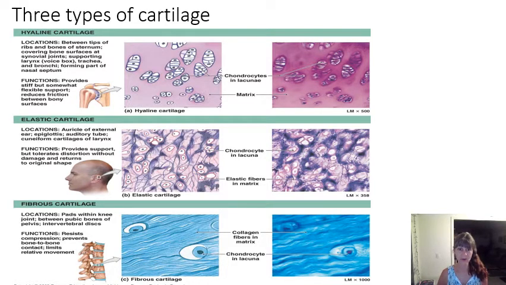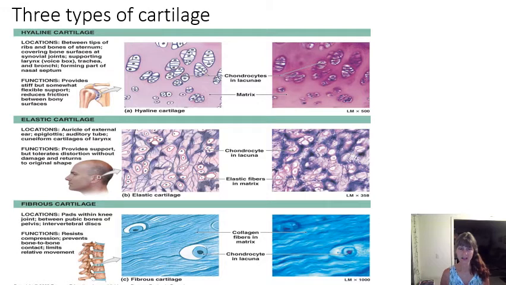However, it also can allow for distortion without tissue damage and will return to its original shape. When we look at elastic cartilage under the microscope, you'll notice elastic fibers in between the chondrocytes that are located in their lacunae.